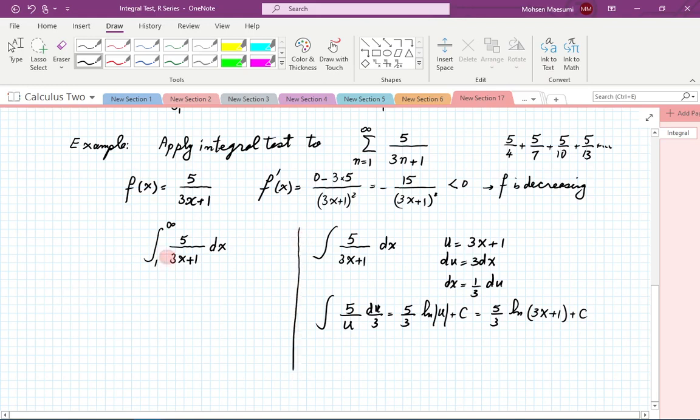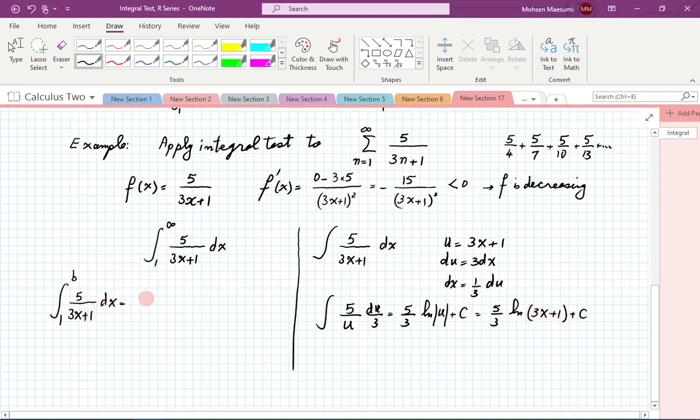Then we come to this issue. You remember, for improper integrals, the idea was that we would calculate the integral up to a certain variable quantity and then let that quantity go to infinity. So the standard approach was to calculate the integral from 1 to b of 5 over 3x plus 1 dx.